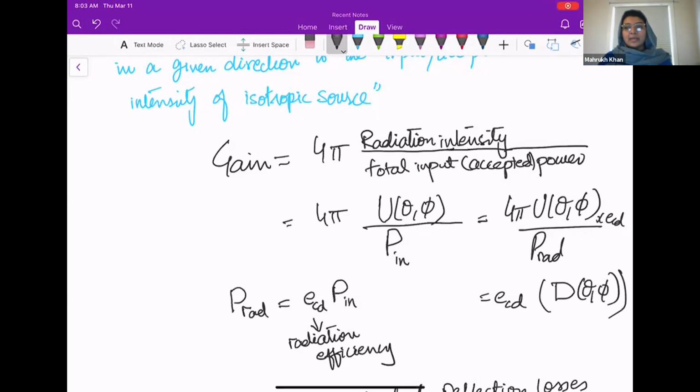So that's how gain and directivity are related to each other. Okay. So gain is nothing but just the efficiency multiplied by directivity. It means that gain has the losses which directivity was not addressing previously.